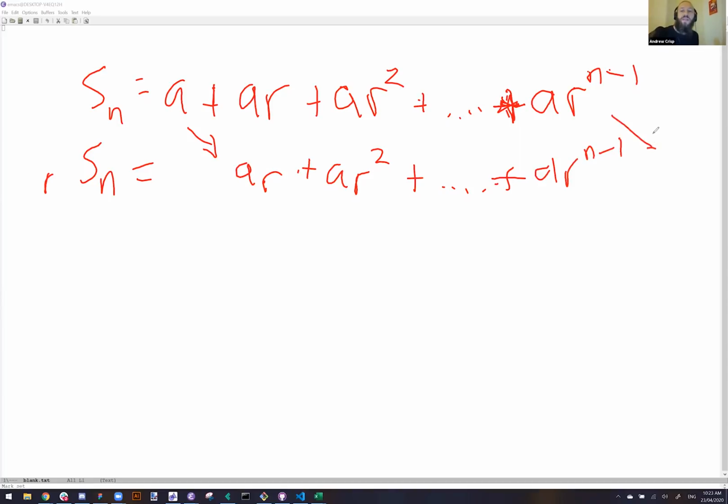And then this one is going to give me my last term, AR to the n. And then I'm going to do the same subtracting trick that I showed you just before. If I subtract one from the other, I'll end up with what I'm looking for.